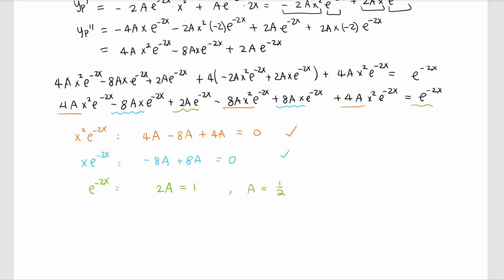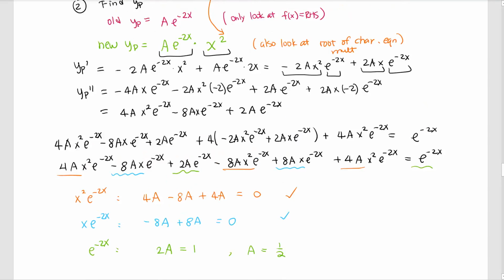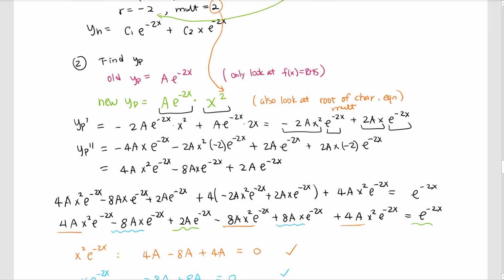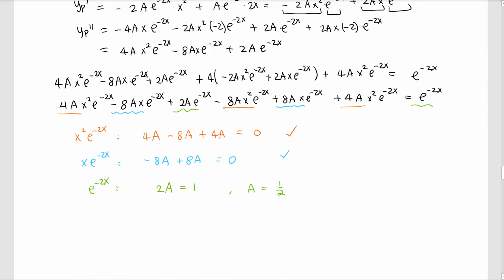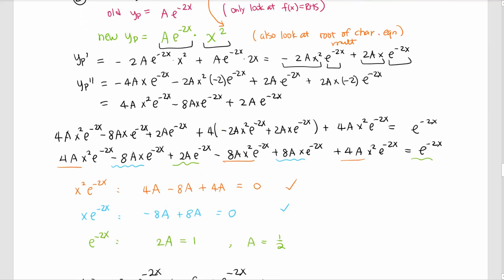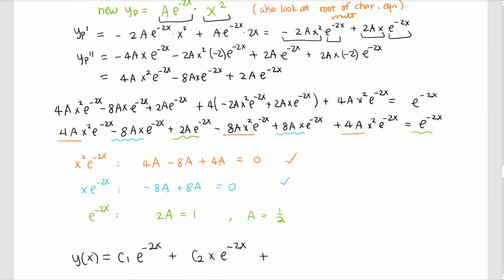What is our final answer? Our final answer is the homogeneous solution, c1 e to the minus 2x plus c2 x e to the minus 2x, plus our particular solution, where a is 1/2, and then x squared e to the negative 2x.